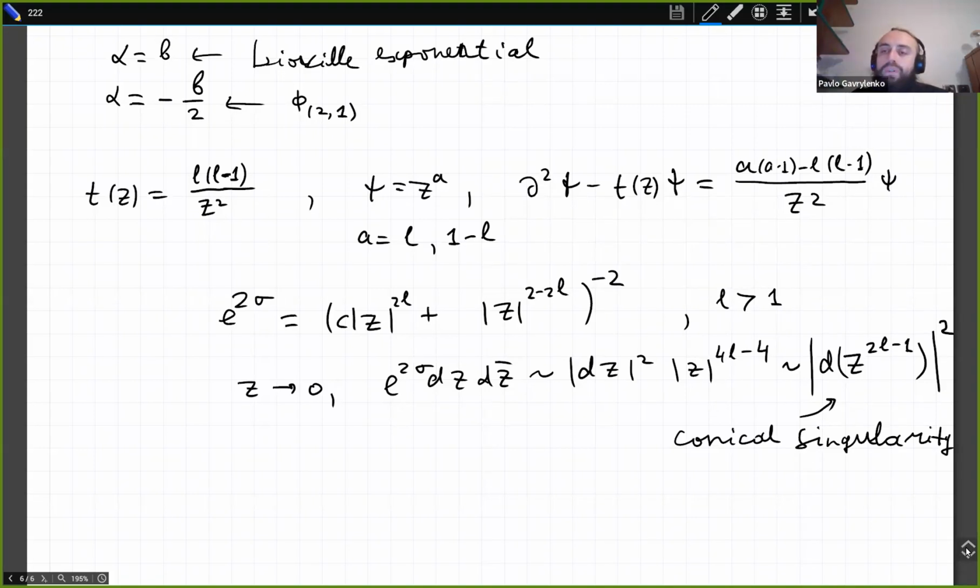So if we want to compute correlators with the exponentials, it means that we need to look for a metric with conical singularities at some points. In this case, we are able to solve this equation. If we have three singular points, we will still be able to do this because it will be a hypergeometric equation.